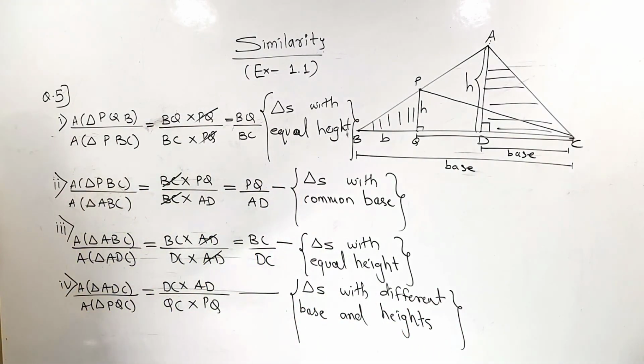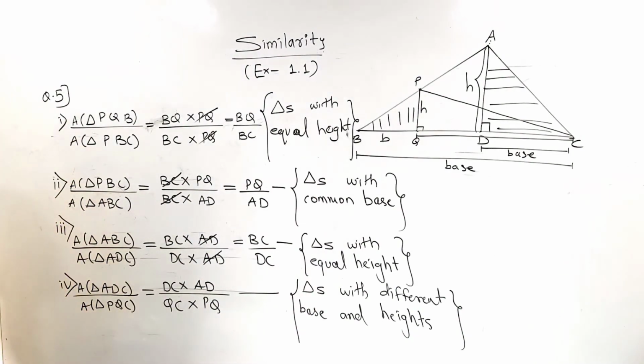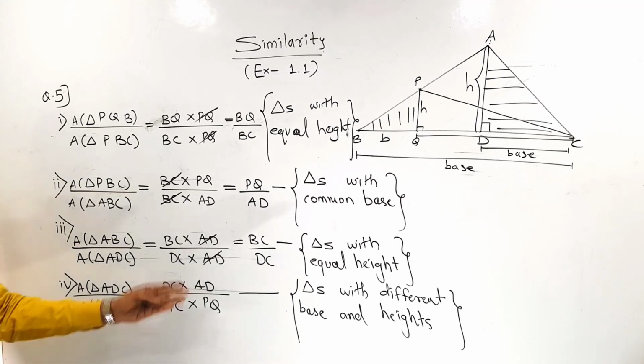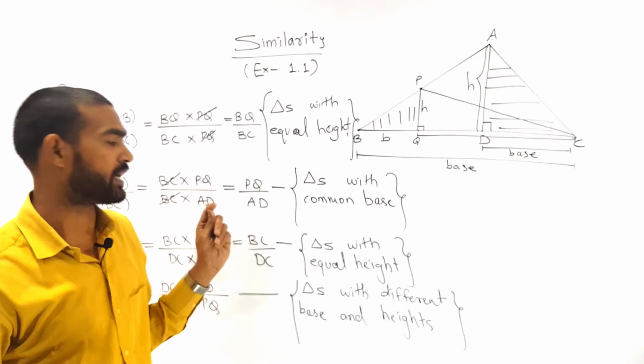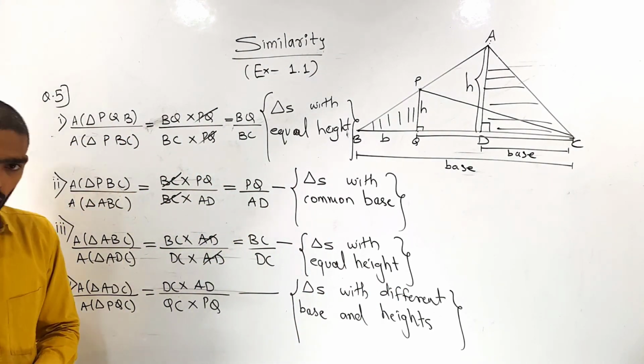Clear, students? So this way, in this one question, we have used almost all the properties. Triangles with common base, different height, triangles with equal height, triangles with different base and different heights. Thank you very much, students.